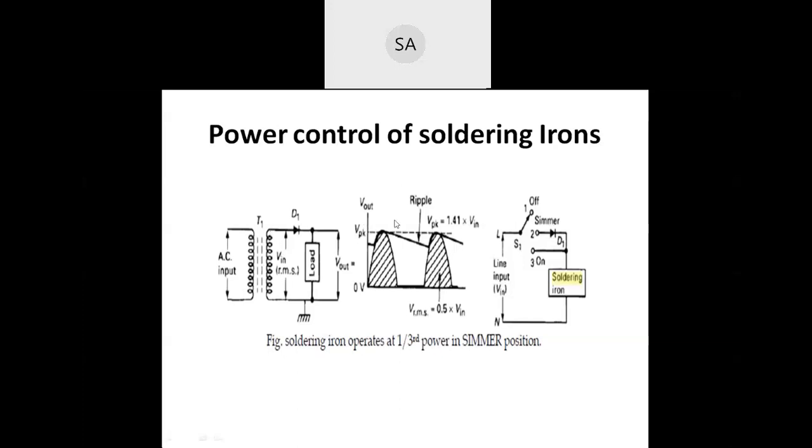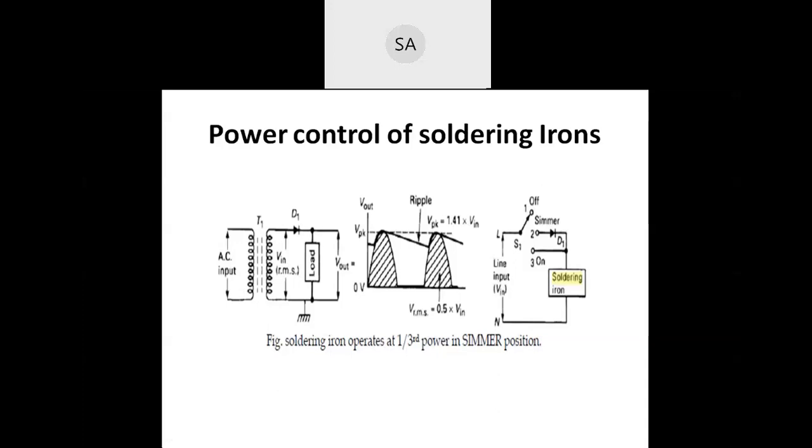This type of diode is used in double voltage soldering irons to reduce the power supply to approximately half the original signal. We use the diodes in the soldering iron to reduce the power input to the circuit.